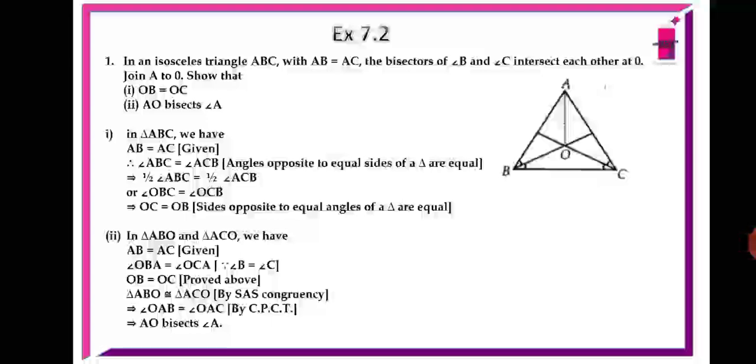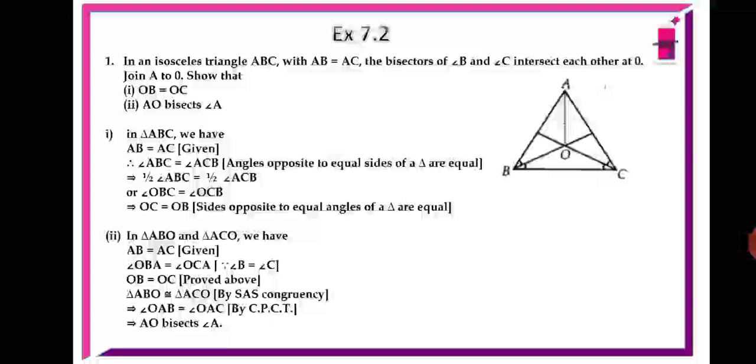In triangle ABO and triangle ACO, we have AB equal to AC, this is given data. Angle OBA equal to angle OCA, as we have taken, these are halves of ABC and ACB. OB equal to OC, just now we proved above.